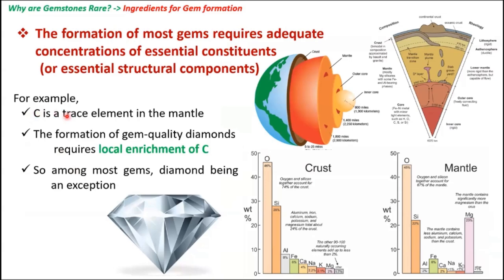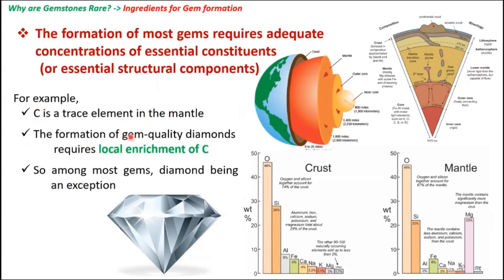Usually the required pressure conditions are available under Earth's mantle conditions, probably the upper part of the mantle, so the available pressure is suitable for the formation of diamond. But when considering the available chemical constituents, carbon is a trace element in the Earth's mantle. It is not commonly available. It's a very rare trace element.